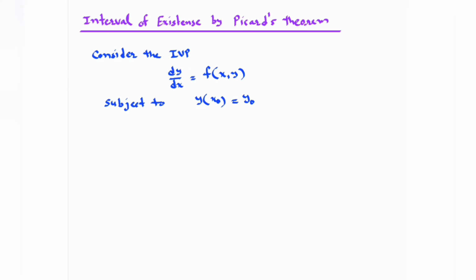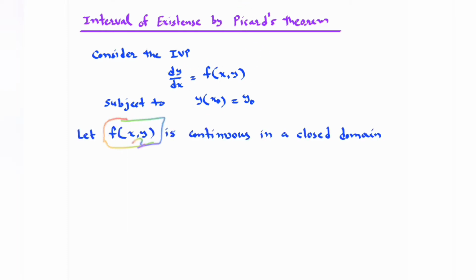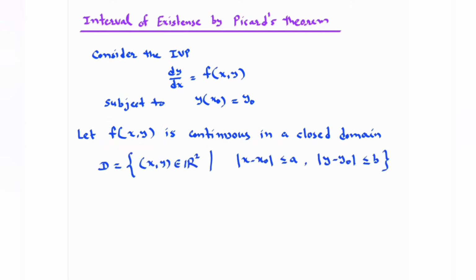It is a given initial value problem where we assume that f(x,y) is continuous in a closed domain D, where D is defined as all the points in R² such that |x - x0| ≤ a and |y - y0| ≤ b. It is a closed domain where the function f(x,y) is continuous.